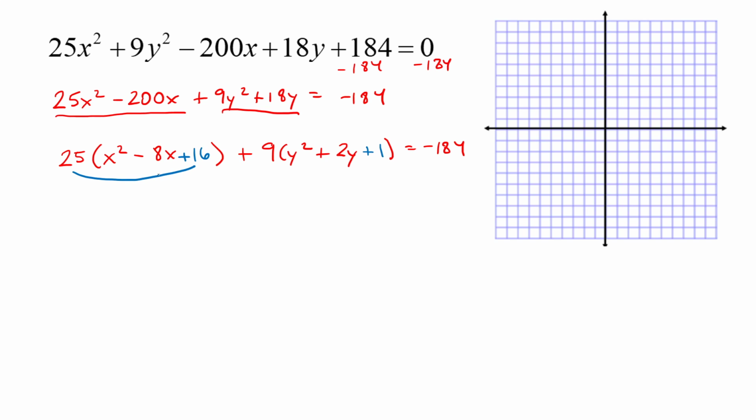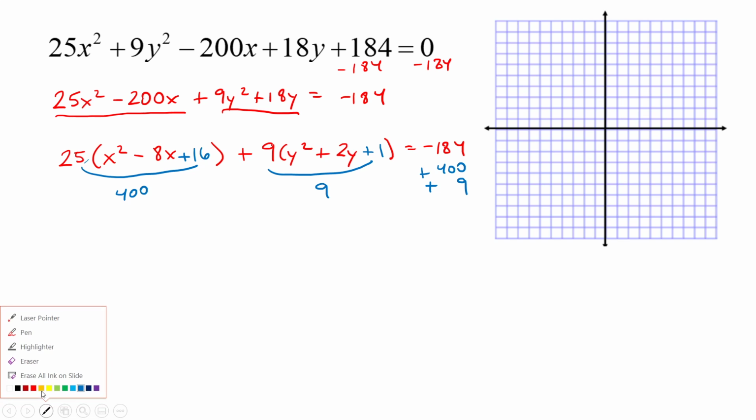So 25 times 16 is 400. 9 times 1 obviously is 9. So to the right side of the equation, you need to add 409. Okay, so again, because of the distributive property, you didn't really add 16, you really added 400. And that's just the one little tricky thing with doing these.